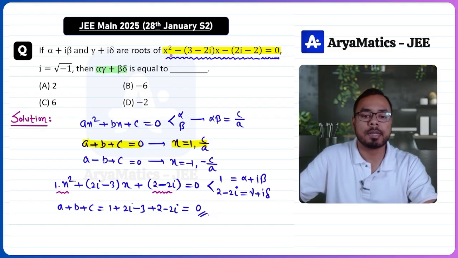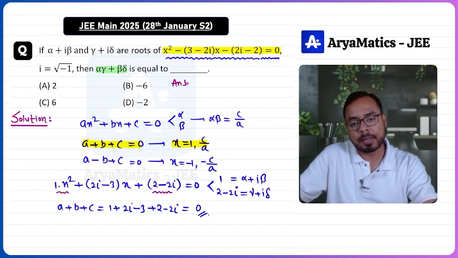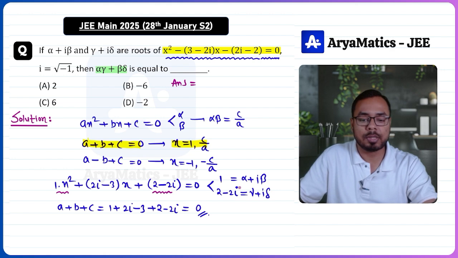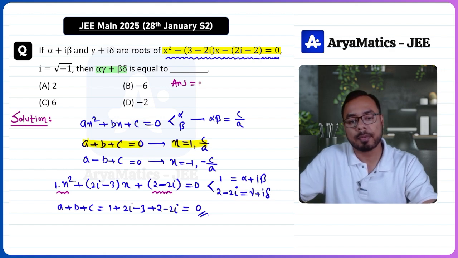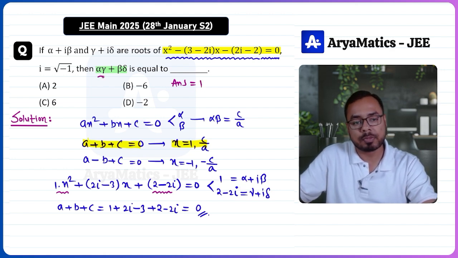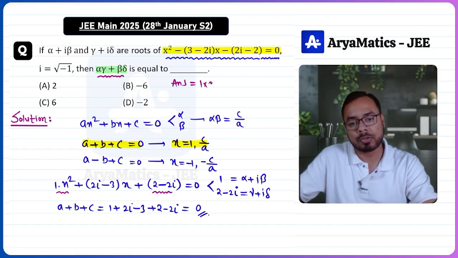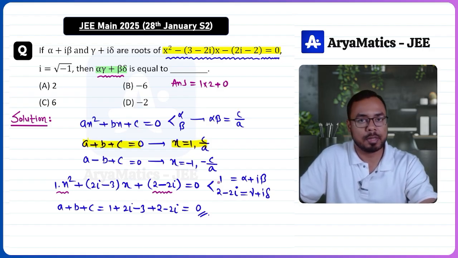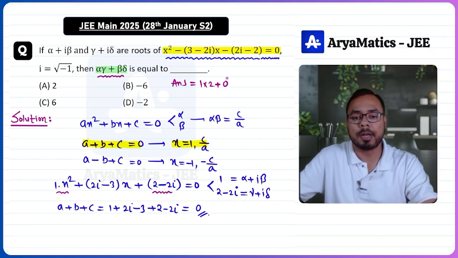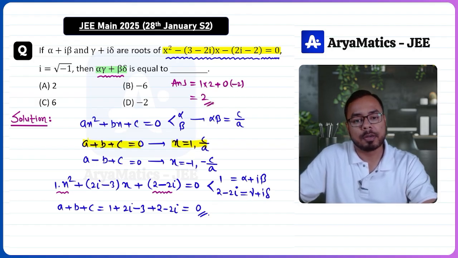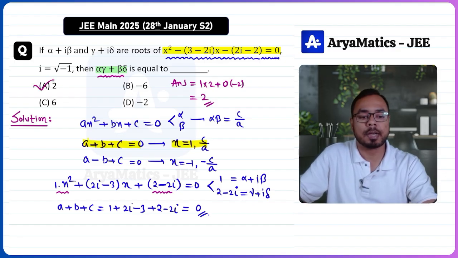So now you can easily see, if I compare the real and imaginary parts of these two complex numbers, alpha is 1 and we need to find alpha gamma plus beta delta. So alpha is 1, gamma is 2, beta is 0 because for this root there is no imaginary part, and delta is minus 2. So finally we are getting this number as 2, and hence the correct answer for this problem will be the first option.